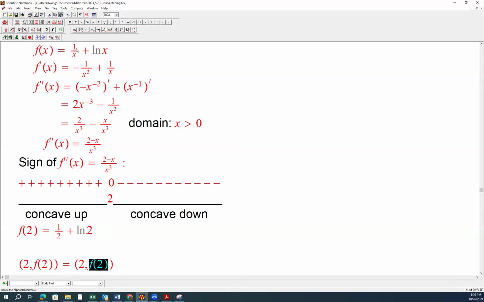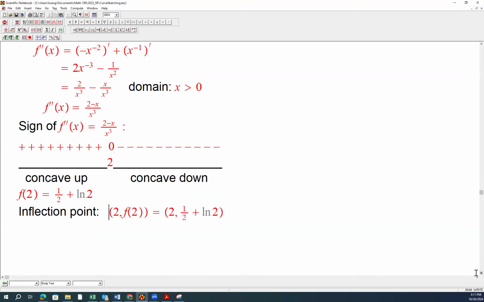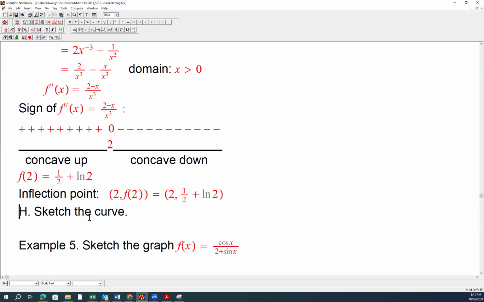This is just a number. Let me mark this inflection point. There's a change of concavity. The definition of an inflection point is that there's a concavity change.